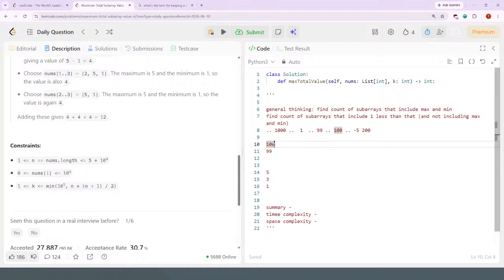So 100 pushes onto the stack, or onto the heap, 199 and pushes onto the heap.